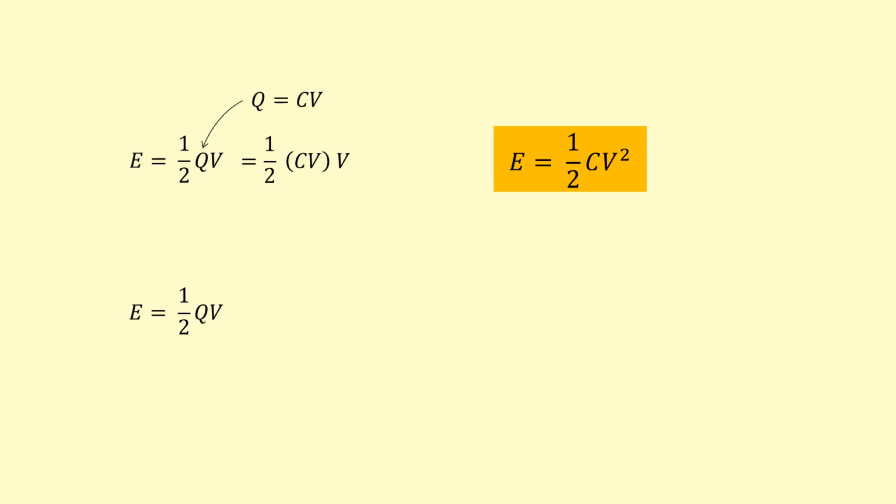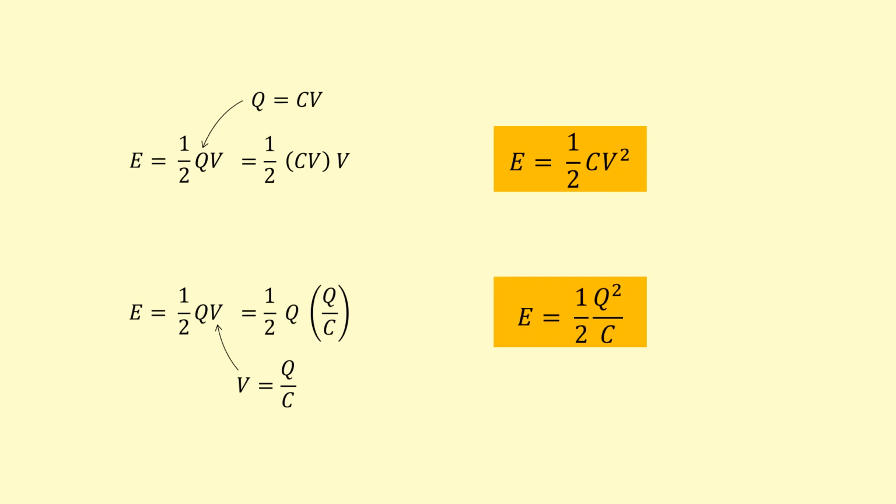Using Q equals CV again, rearrange to V equals Q over C, which comes from the definition of capacitance. Substituting that in and expanding, we get half Q squared over C, which is again the energy stored in the capacitor. You can use any of these three equations based on which one is most useful.